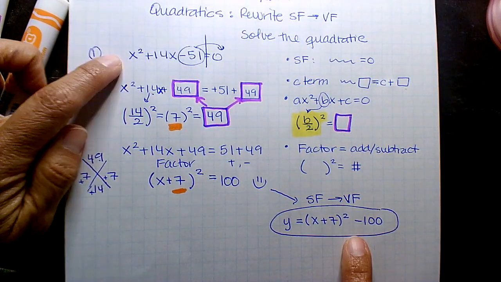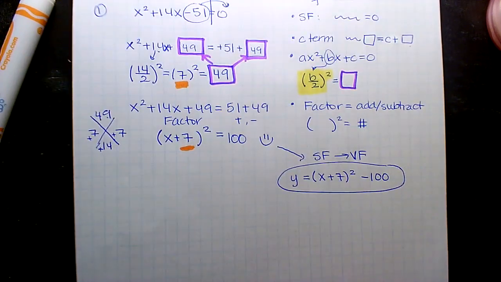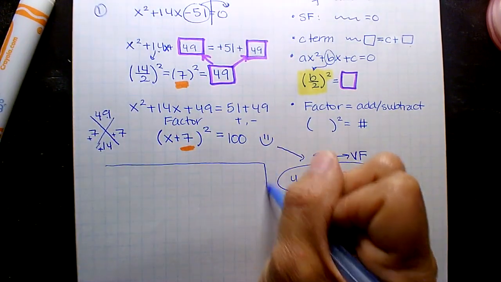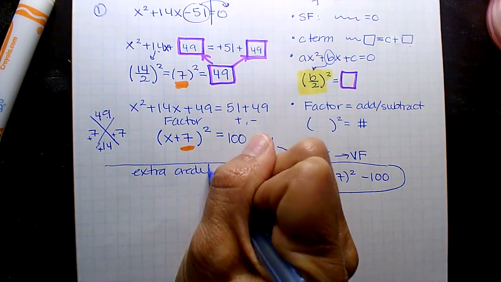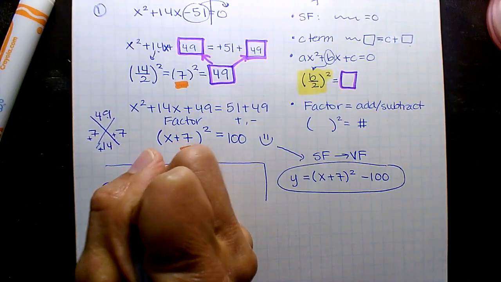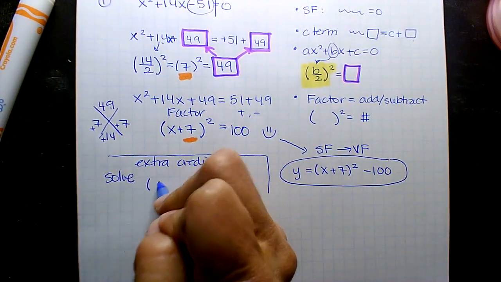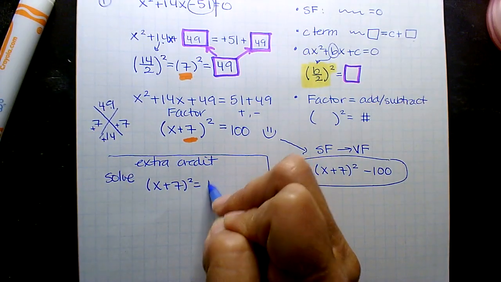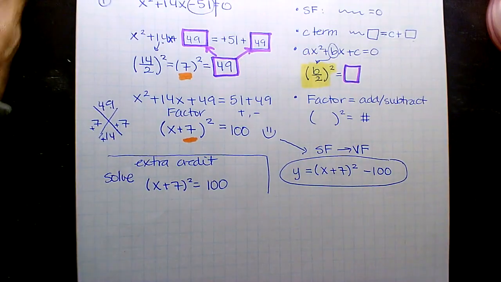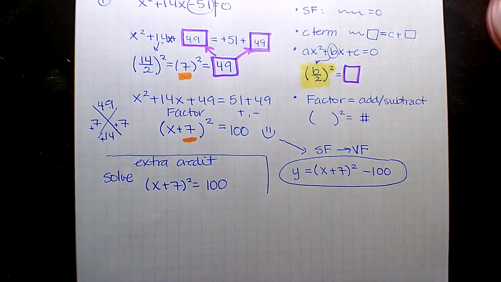Okay, this is mandatory. If you want the extra credit, if you guys solve it and you keep solving, by the way, it's just 2 more steps. So you're like, hey, I'll take that extra credit. All right, you guys know inverse operations. What's the opposite of adding? Subtracting.